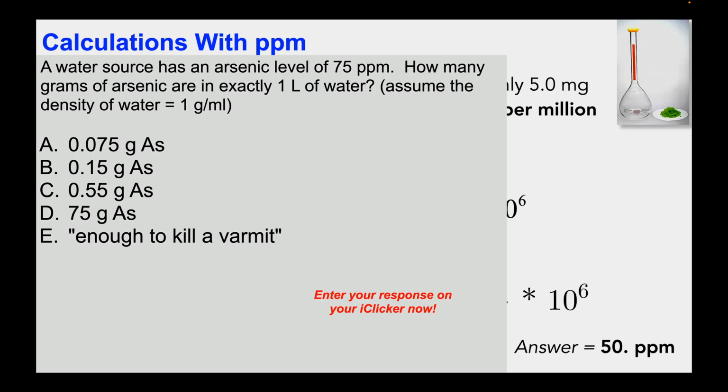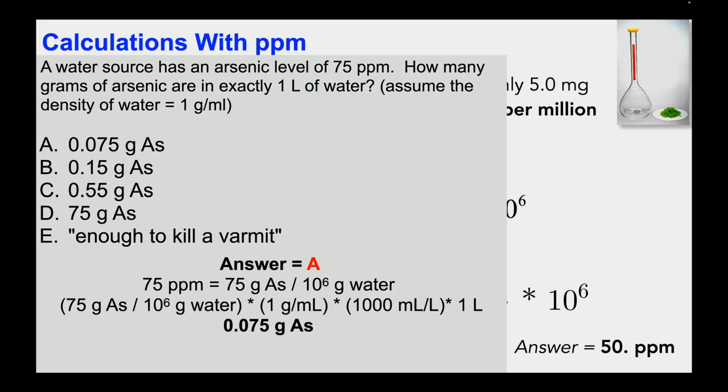That's kind of cheesy, as we've seen, but it works for these problems because the values are pretty low. So if you have 1 liter of water, that's 1,000 milliliters, and at 1 gram per milliliter, that's 1,000 grams of water. So 75 parts per million would be 75 grams of arsenic in 1,000,000 grams of water.